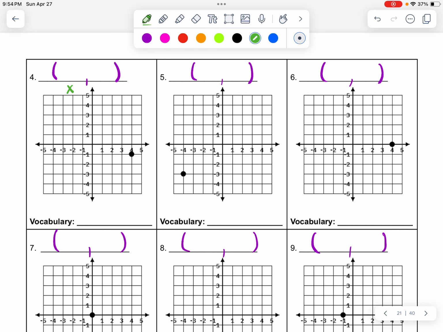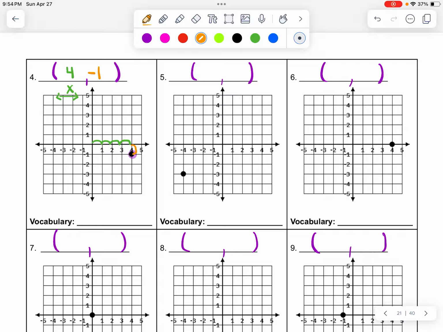So we're going to go either to the right or to the left. To get to this point right here, we would go to the right 4 spaces. Then we would go down 1 space.